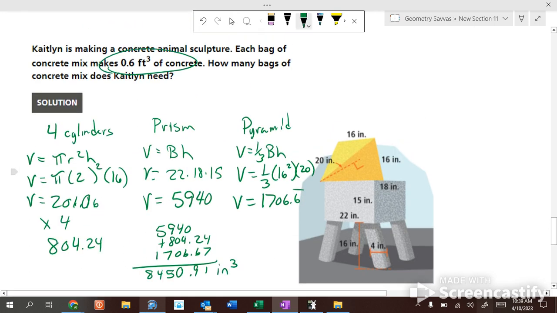Now, this talks about cubic feet of concrete.